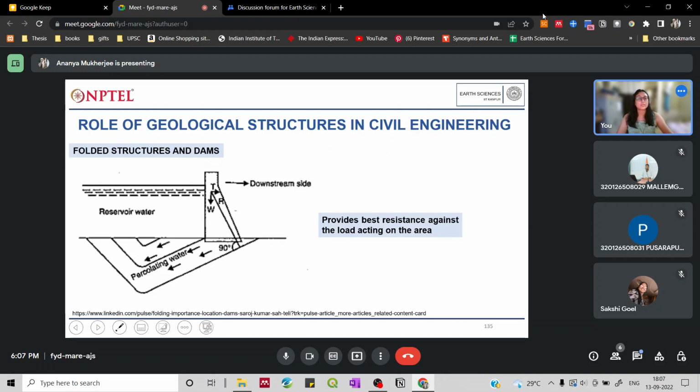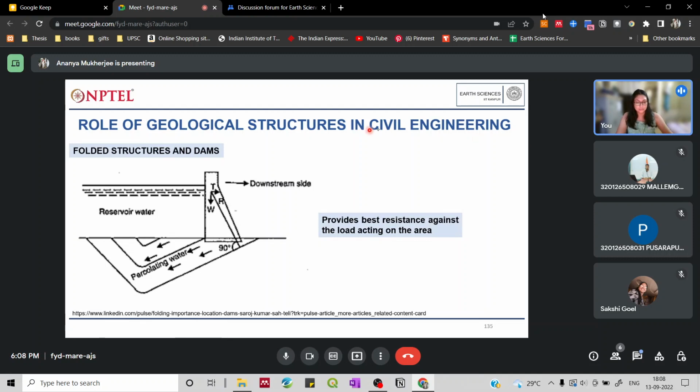The role of these rocks in different large civil engineering structures is necessary for us to understand how to identify the sites, how to identify what kind of support is needed, what kind of materials are needed to strengthen the structures that we are building over there. So first we will start with the structure of dams.